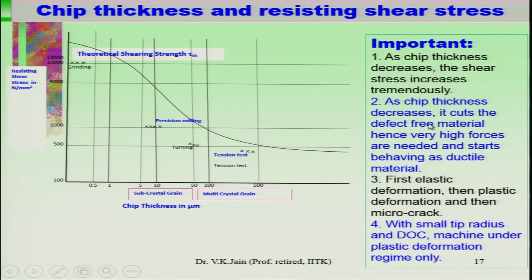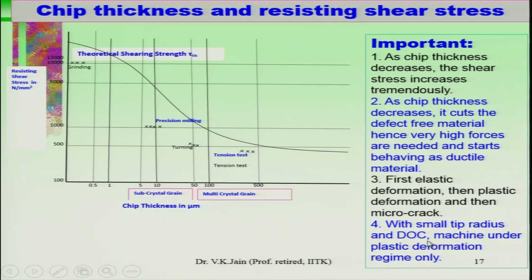As chip thickness decreases, it cuts defect-free material, hence very high forces are needed, and the material starts behaving as a ductile material. As I showed you in the earlier slide, as the chip thickness decreases, the number of defects coming across the tool is reduced, and first elastic deformation, then plastic deformation, and then micro cracks are generated in the case of brittle material.